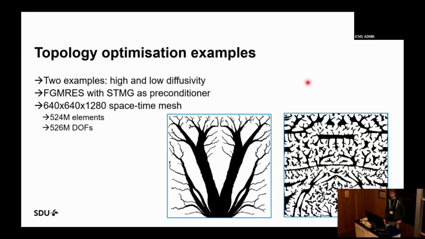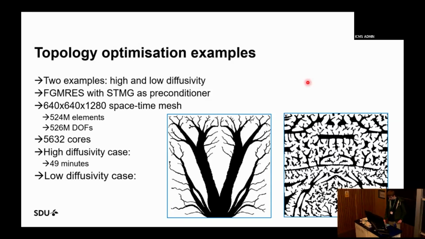Yes, they're called DOFs. And this was run on about 5,000 cores. And in the case with high diffusivity, we were able to do this topology optimization in 49 minutes. And in the case with low diffusivity, we were able to do it in 69 minutes, which is nice.